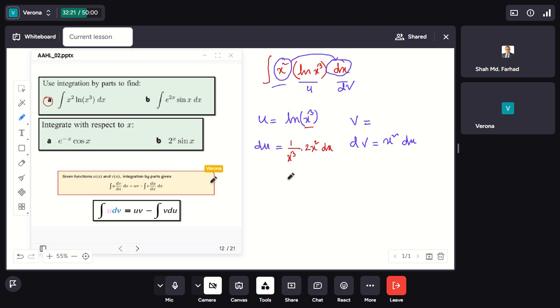So 3 over x, right? And then what is the value of v? Okay, x cube over 3. Right, so here you can rewrite this as 3 over x dx. Okay, now substitute this in the formula.